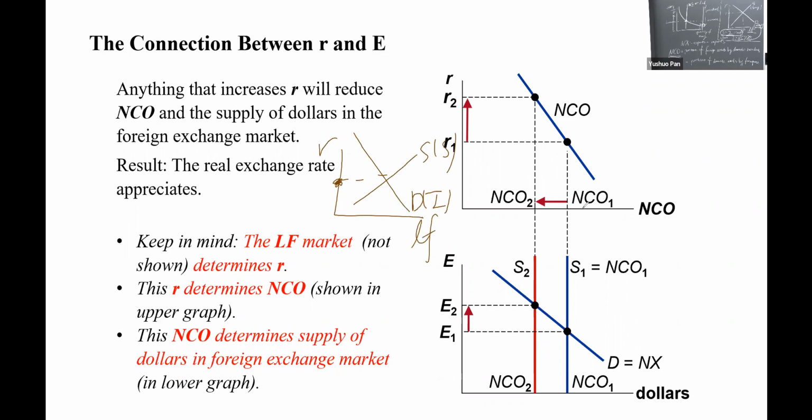This NCO is the supply curve of US dollars to the exchange rate market outside of the United States. That NCO determines the supply of dollars in the foreign exchange market, the lower graph here.